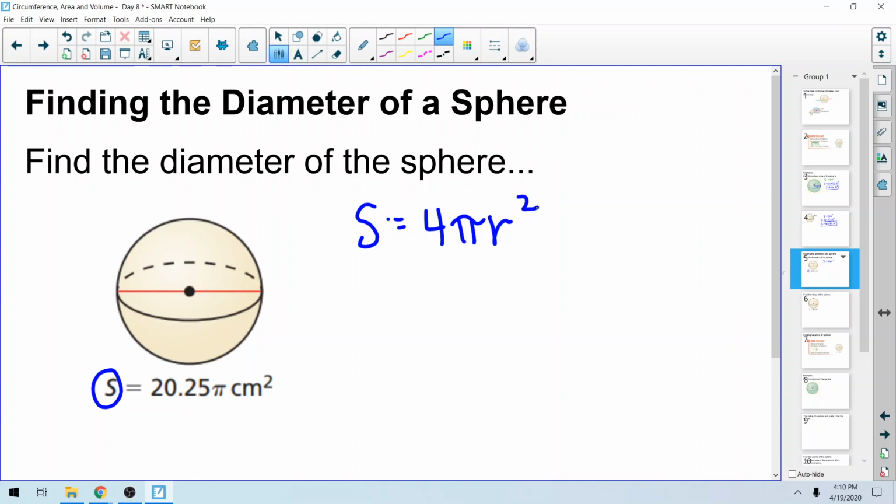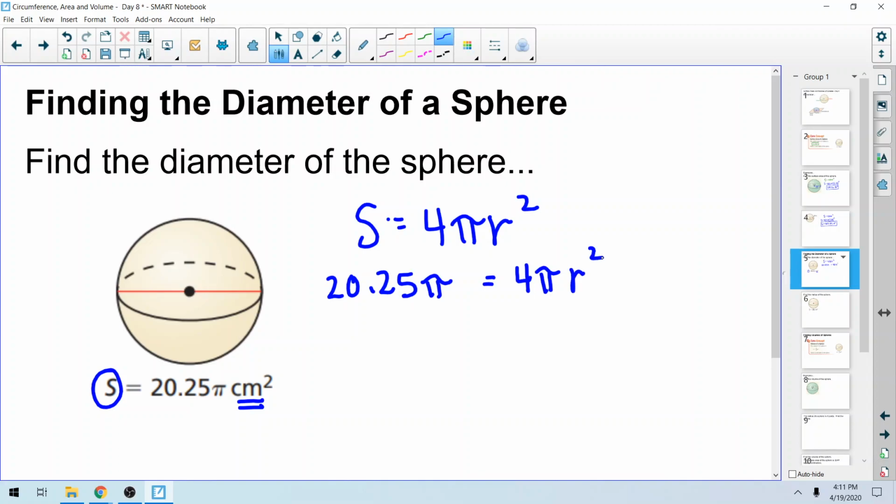So I know the surface area, that big S, is 20.25 pi. Now I know it has centimeters squared, but that's just your units, so you don't need to substitute that into the equation. Equals 4 pi, and this time I'm going to leave pi as pi, because if you look at the other side of the equation, there's a pi there. I'm hoping something happens with those pi's, times the radius squared.